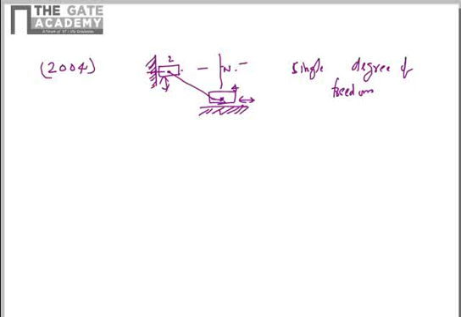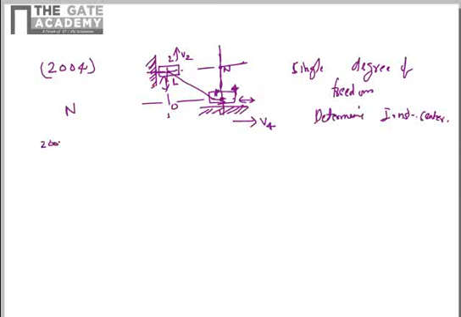The diagram has points N, O, L and P. You know that the instantaneous center can be determined by drawing perpendiculars to the velocities. The velocity of block 4 will be in the horizontal direction, V4, so we draw a perpendicular line to V4, and similarly the velocity of block 2 will be along a vertical line, so we draw a perpendicular to that, and both will intersect at N. So in this case, N is the correct choice.